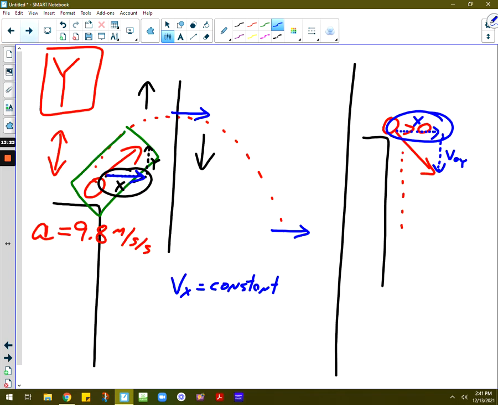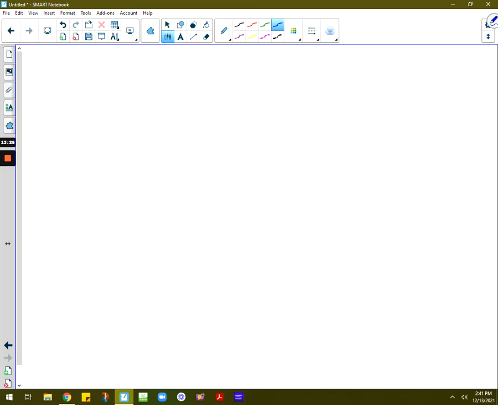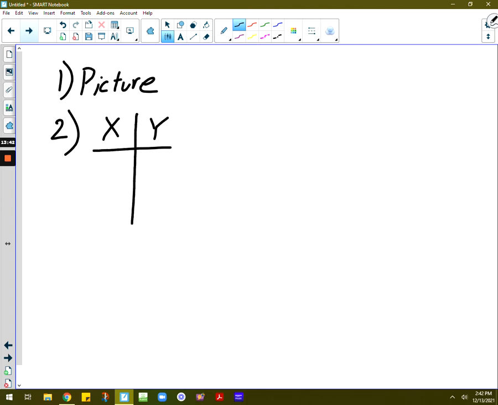Does anybody remember for me, when you've got a projectile motion problem, my first suggestion is always make a picture. Does anybody remember what my second suggestion is? XY chart. The XY chart. Okay, make a T-chart with X on one side and Y on the other. List what you know. And usually the most important thing to find if it's not given to you is what? Time. Exactly.